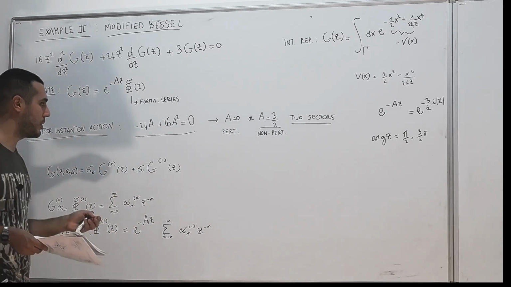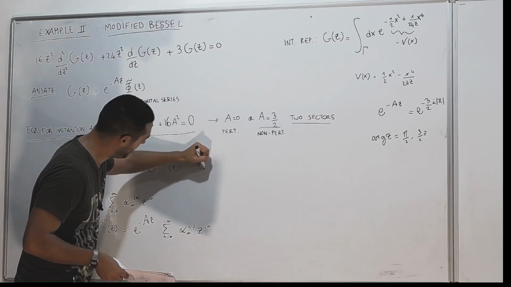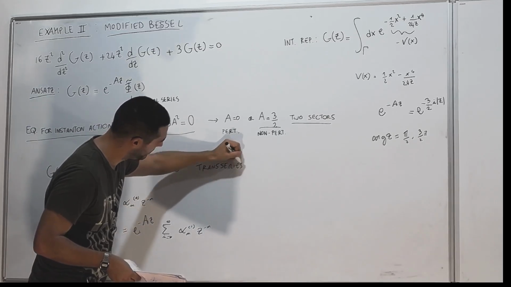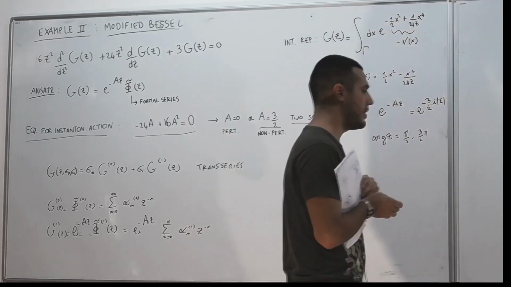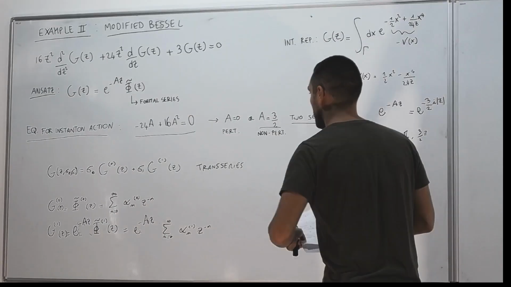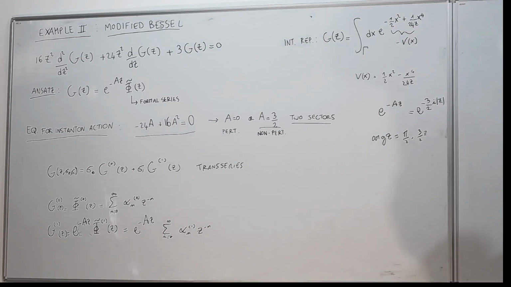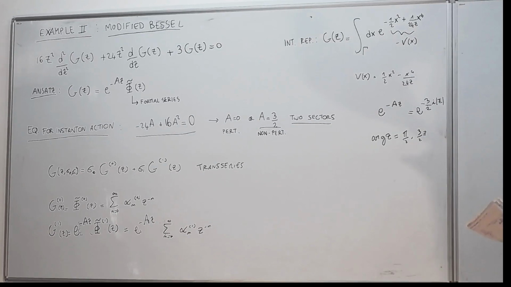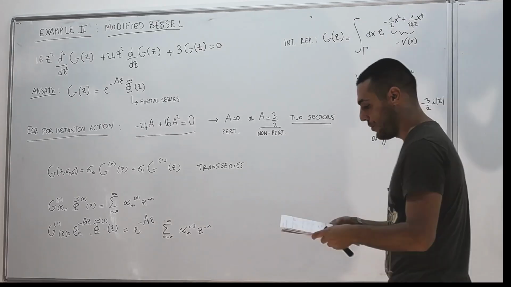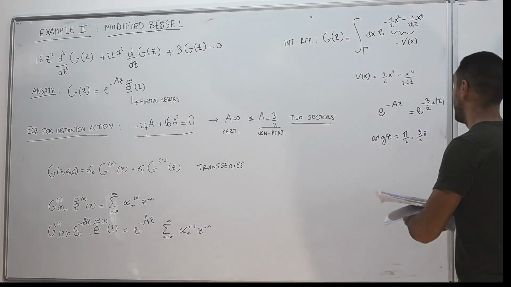And this is what we call a transseries. This little digression on transseries is mostly taken from the Dorigoni reference that I showed you at the beginning. And Dorigoni takes it from a very nice review by Edgar, called Transseries for Beginners.